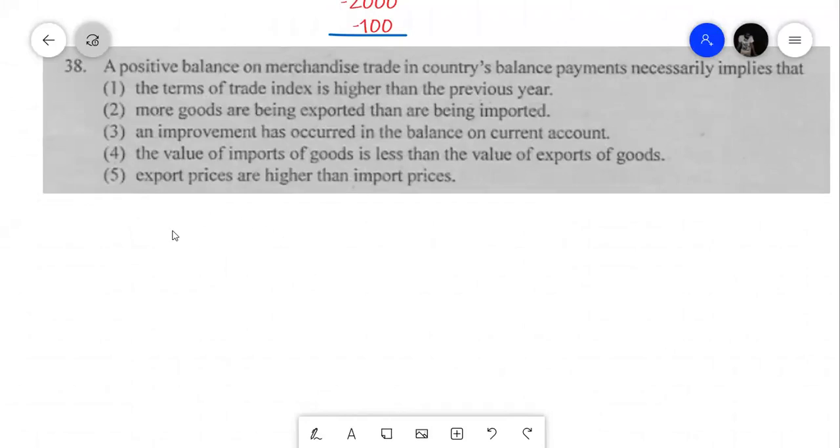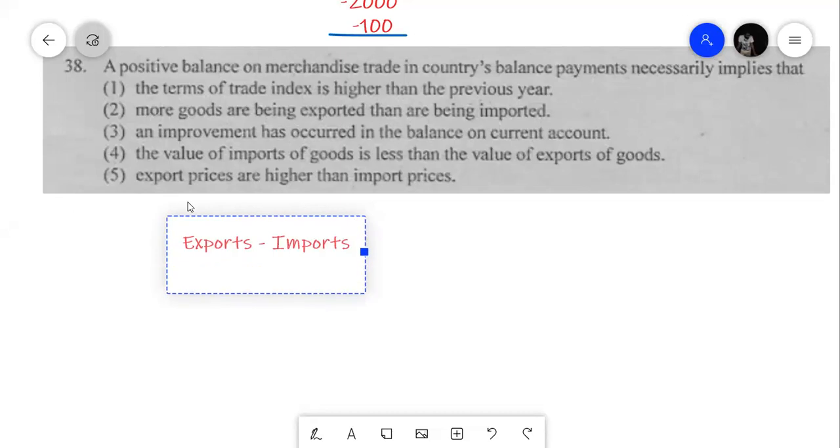What can you say? Okay, how do you get the value of your trade, guys? So it simply means your trade account means your exports minus your imports, right? Merchandise means in trade account, right? So how do you get your exports? It's the price of your exports multiplied by the quantity. Minus, how do you get your imports?